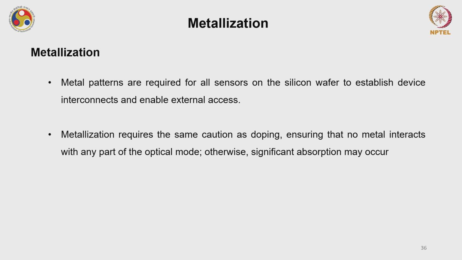Then another process in the fabrication is metallization. You require a lot of metal patterns for the sensor, be it fabricated on a silicon wafer or on a flexible substrate or any kind of substrate. You require interconnects for establishing connections with the outer ambient.